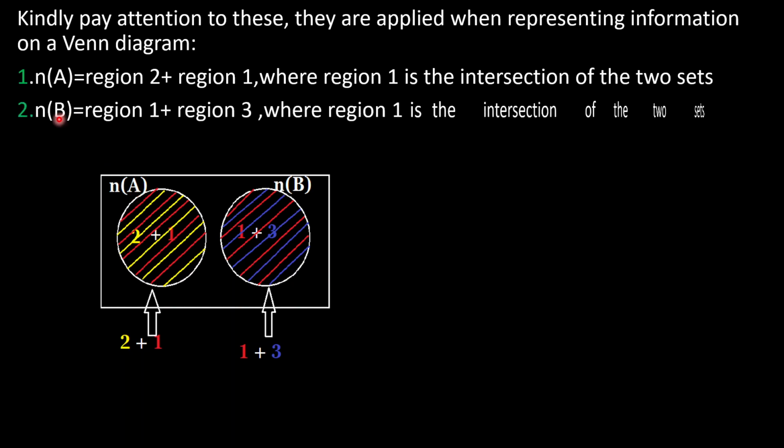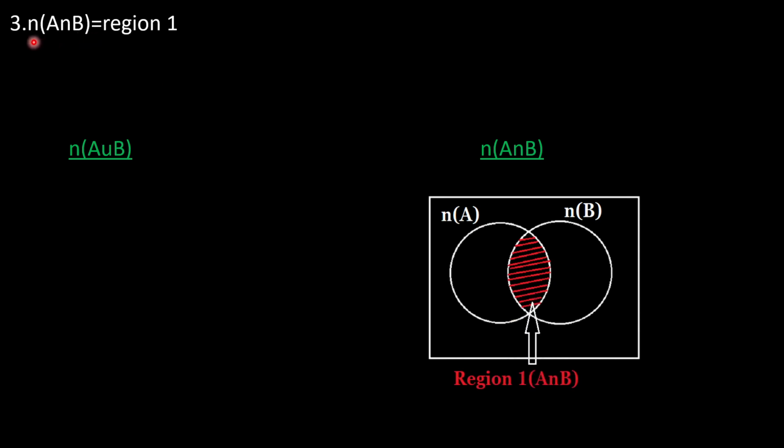And number of B equals region 1 plus region 3, where region 1 is the intersection of the two sets. Region 1 has the color code red and region 3 has the color code purple. So summing the 1 and the 3, or the red and the purple, will give you the number of B. Number 3, the number of A intersection B is region 1.